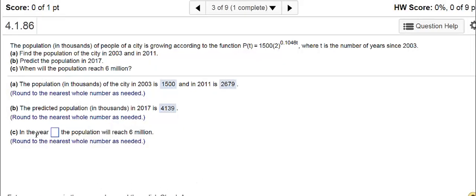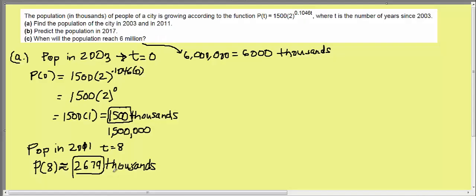Okay, now let's find the year that the population will reach 6 million. So we are looking at that. This is part C. So we're looking for when it reaches 6,000.